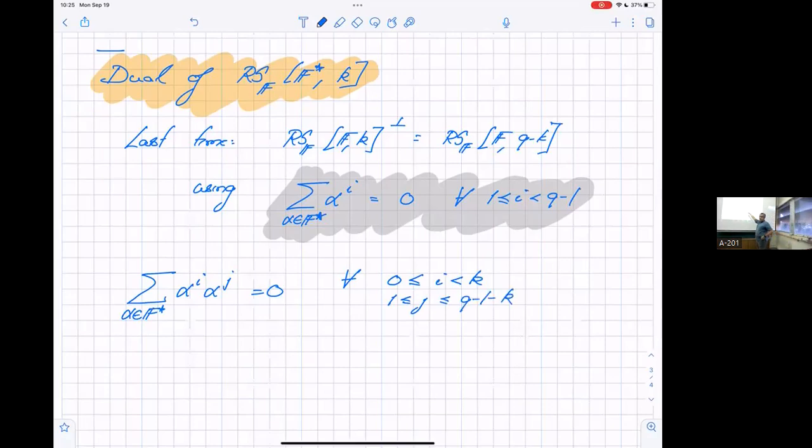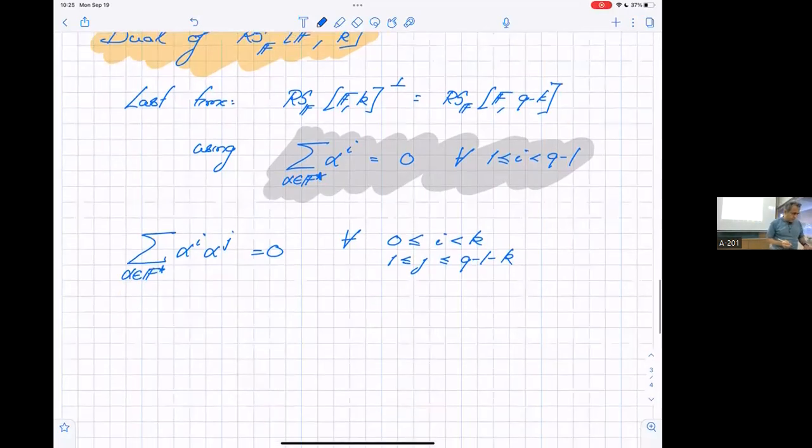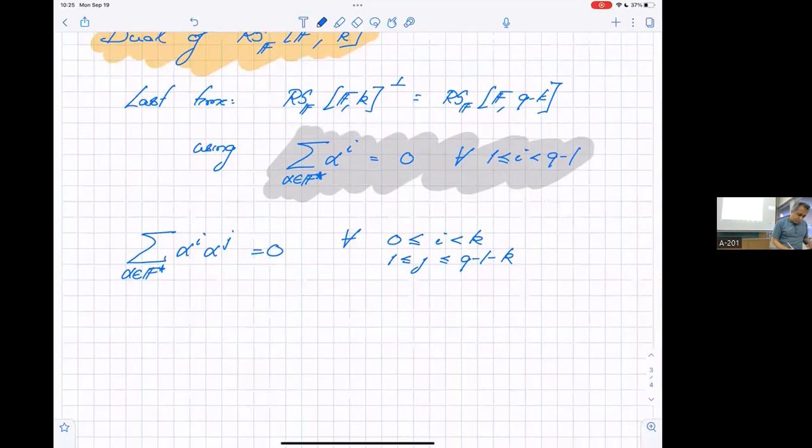It just follows from the previous statement, because if I choose i like this and j like this, i plus j will necessarily be greater than or equal to 1, and i plus j will be strictly less than q minus 1. But what does this mean? This q minus 1 is the same as n minus k, because we are working with the RS code.